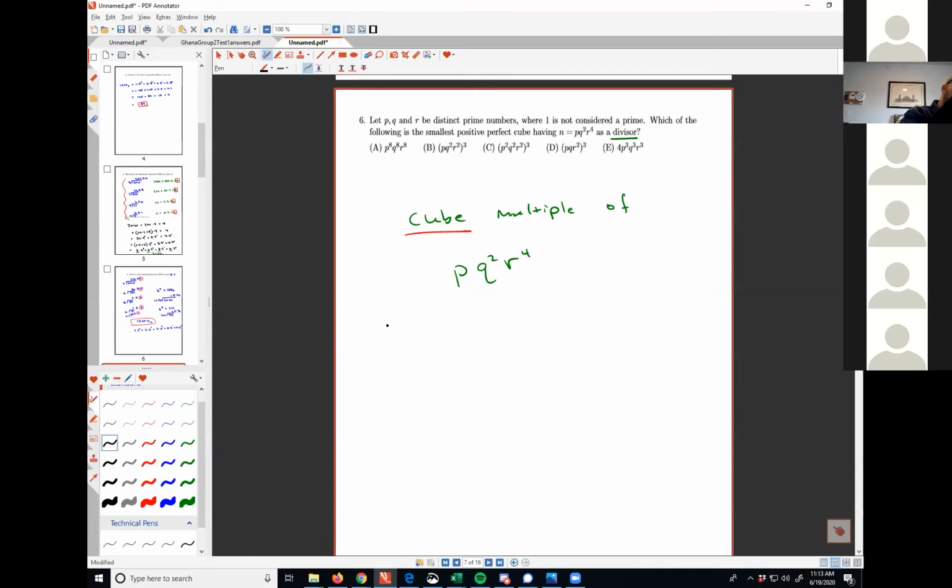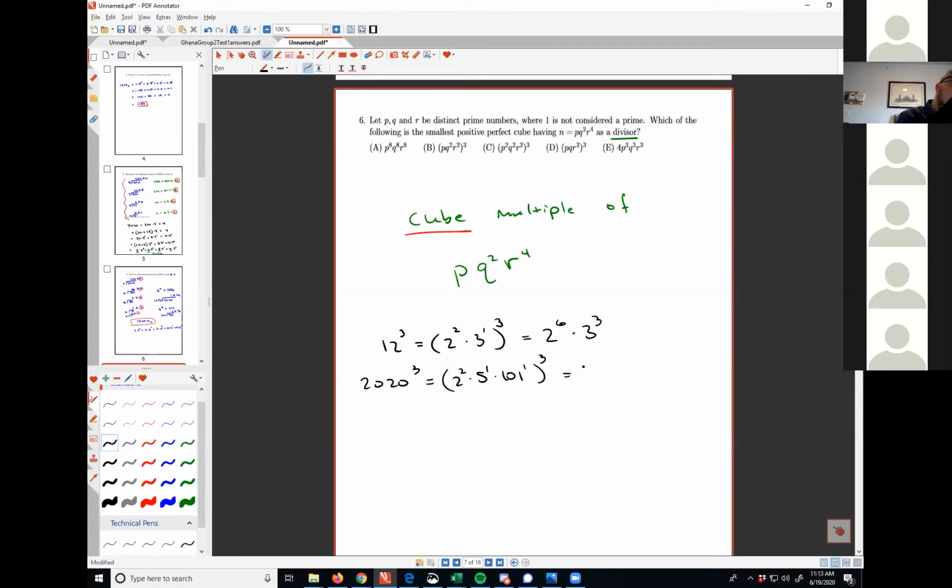Let's say we want the prime factorization of 12 cubed. Well, 12 is 2 squared times 3 to the 1st, and if we cube that, we get 2 to the 6th times 3 to the 3rd. Or perhaps we want 2020 to the third power, which has two powers of 2, a power of 5, and a power of 101.